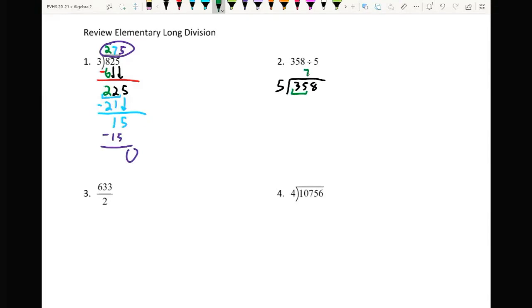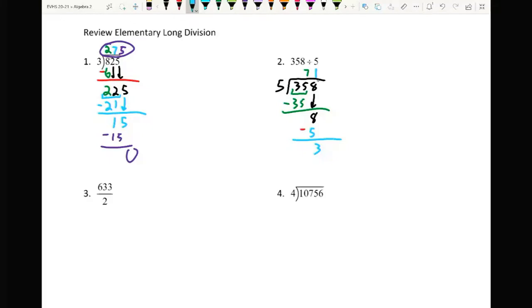So we do 7 times 5 is 35. Subtract that out, and then we're going to drop down the 8. Now we say, how many times can 5 go into 8? Well, that will only go 1 time. Now we multiply 1 times 5 is 5. Subtract those, and I get 3.